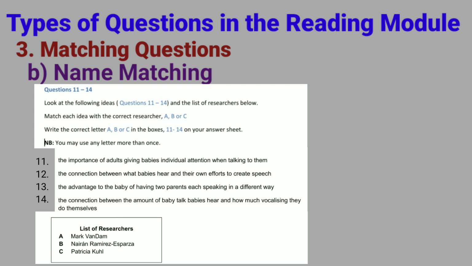Look at the following ideas, question numbers 11 to 14, and the list of researchers below. Match each idea with the correct researcher A, B or C and write the correct letter A, B or C in boxes 11 to 14 on your answer sheet. Here is an important point: you may use any letter more than once.